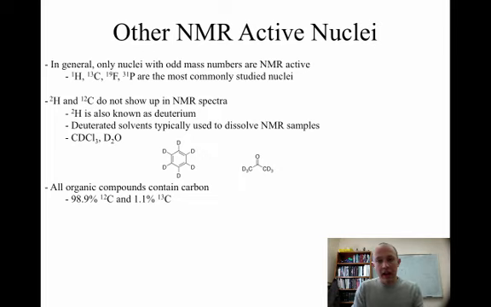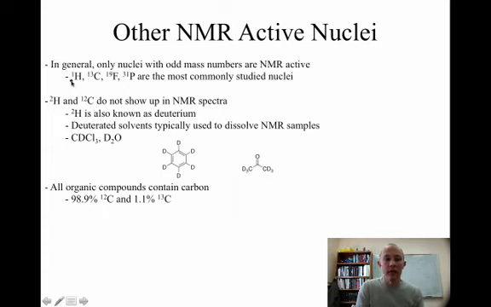Okay, so just to get an idea of what we can see by NMR and what is not possible to see by NMR, in general, only nuclei that have odd numbered masses are NMR active. That would be hydrogen, carbon-13, fluorine-19, phosphorus-31.